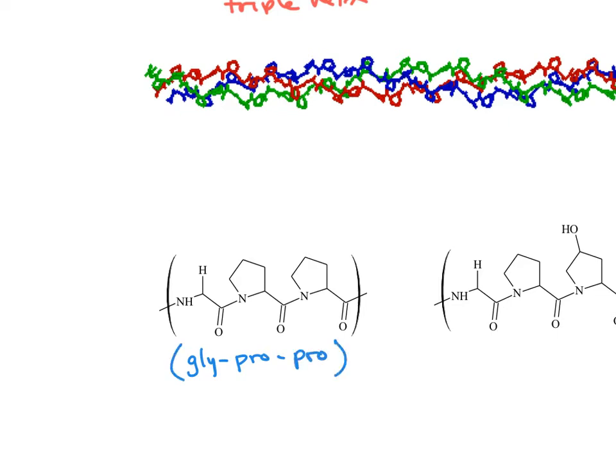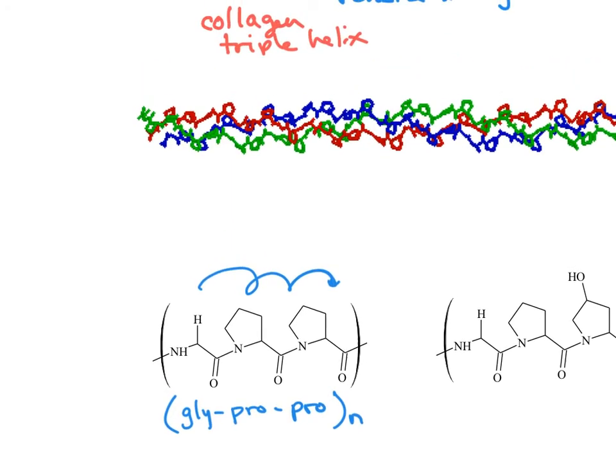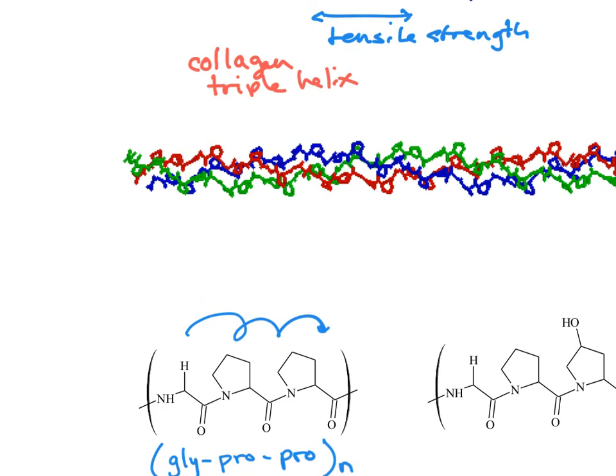And these 3 amino acids, gly-pro-pro, simply repeat themselves over and over again hundreds of times until you get out to about 1,000. And what happens is these basically coil up on themselves in this collagen helix, and we can see that up here. You can even see that the prolines are facing outward.